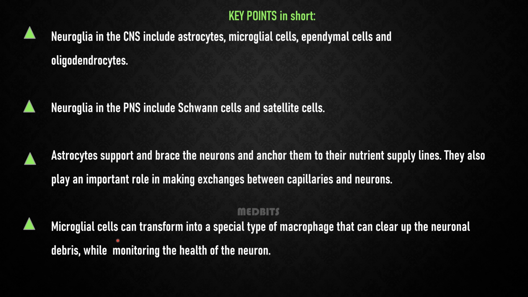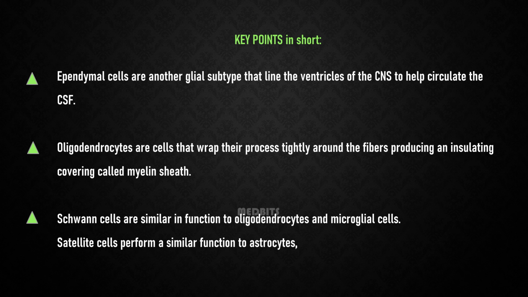Microglial cells can transform into a special type of macrophage that can clear up the neuronal debris while monitoring the health of the neuron. Let's go with the next one. Ependymal cells. They are another glial subtype that line the ventricles of the CNS to help circulate the cerebrospinal fluid.